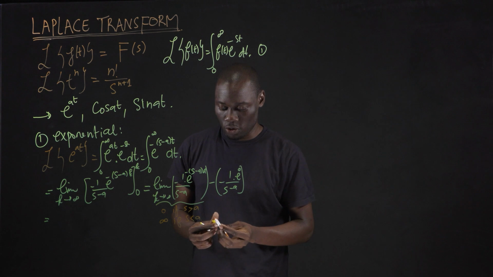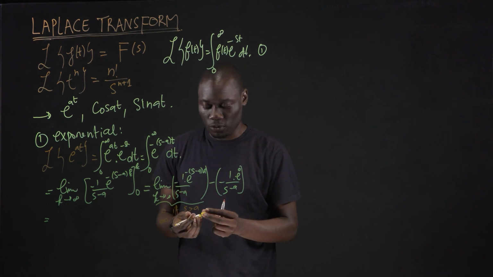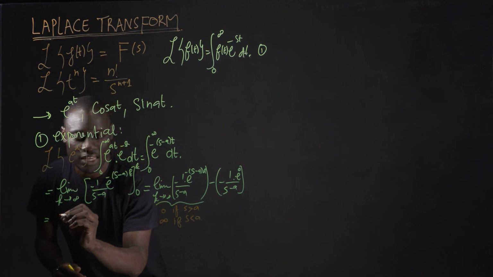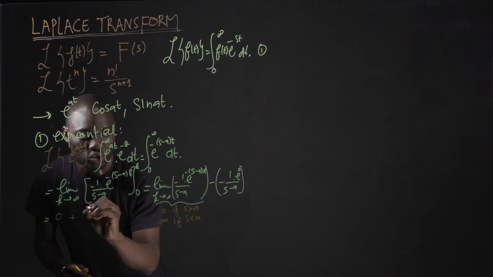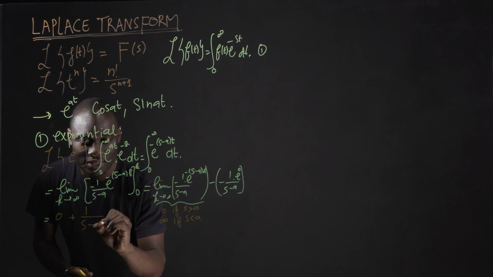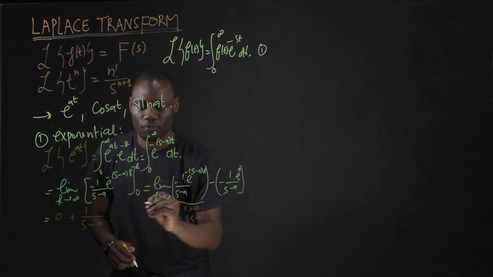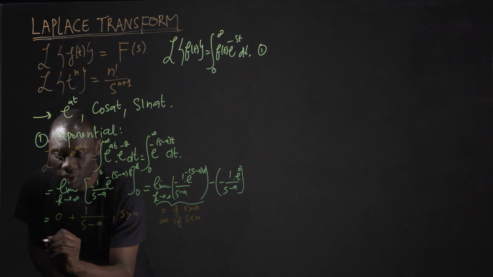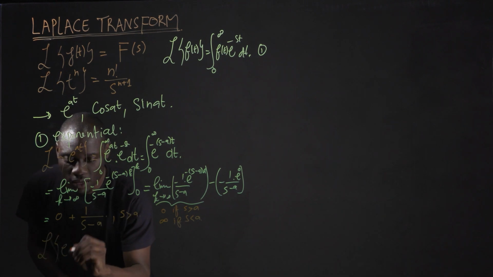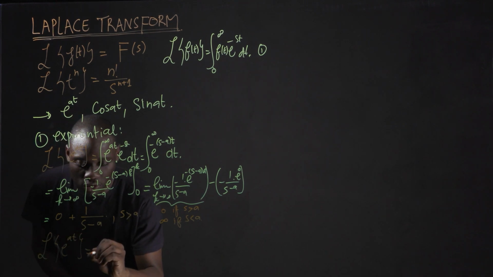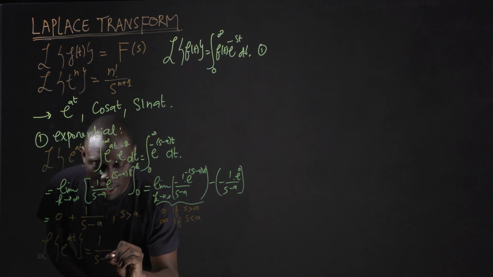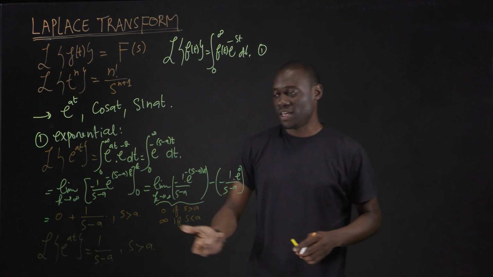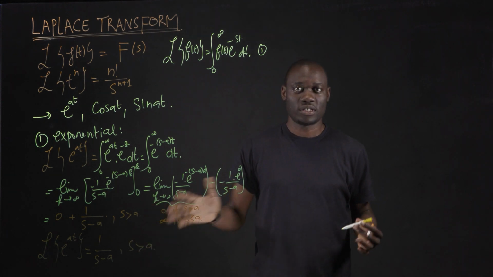So, to find a finite solution, we have 0 plus 1 over s minus a for s superior to a. Therefore, we say that the Laplace transform of an exponential function equals 1 over s minus a for s superior to a. If s is less than a, it will diverge.